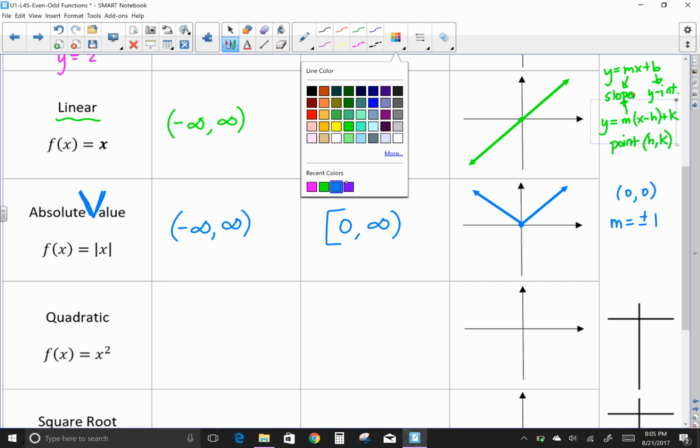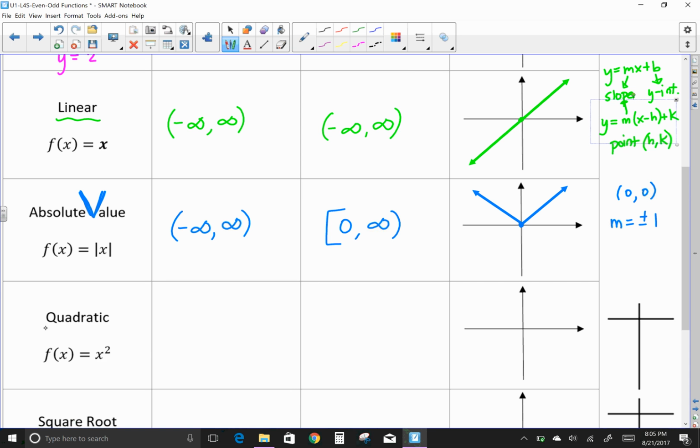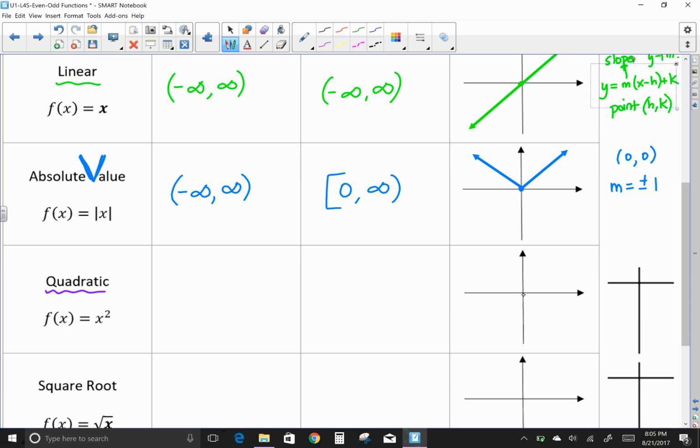All right, the next one we have was on that first page of your packet, and most of y'all remembered it from Algebra 1. The quadratic equation is a parabola, or a U-shaped curve. It still has my (0, 0) point, and then do your best to make it look like a U. That (0, 0) point is again called our vertex, and it will be what changes with h and k, as you see.